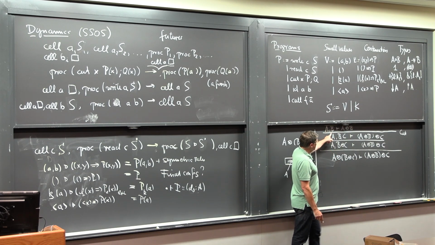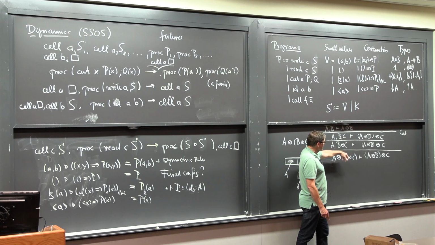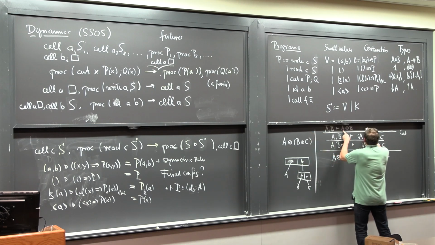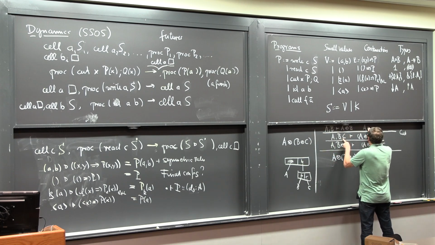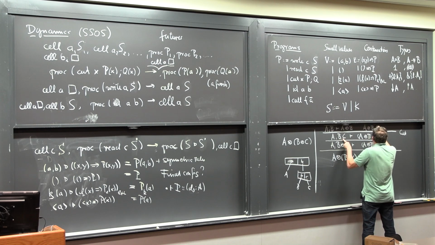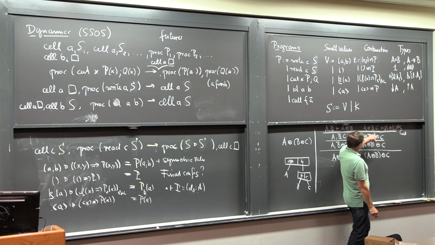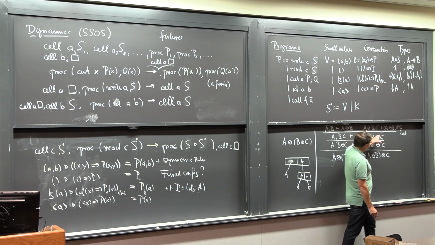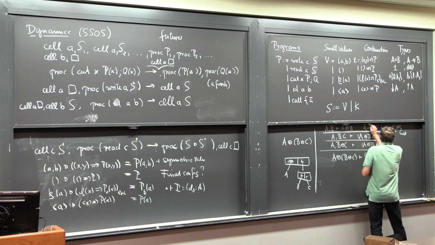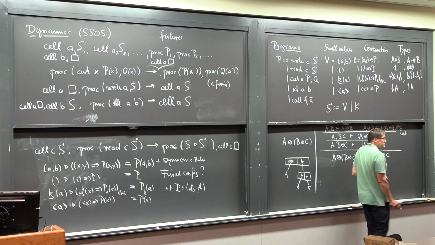Because we have an A and a B, and we have to write that into the pair A cross B. And over here now we get A cross B together with C. And we have to prove that A cross B cross C. Okay, now this is an axiom because we have the address of the left-hand side, the address of the right-hand side, and so this is also an axiom when we're done.